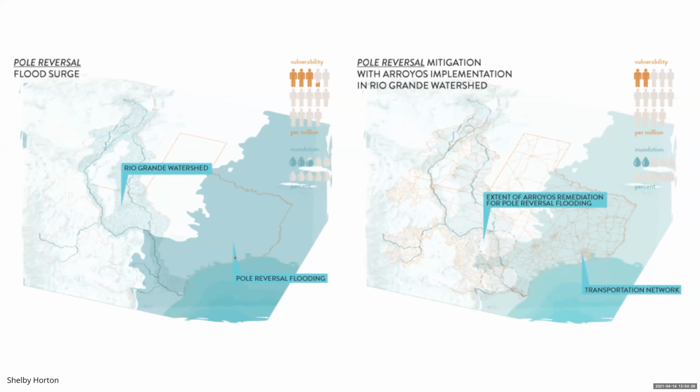And for polar reversal, it's a larger region flooded, but it's of Texas, but it's still only 2 3/4% of the Rio Grande region. And that would be about 3.25 million people in this region. And so by implementing our arroyos, we'd be able to get that down to 2% inundated still and 2 million people affected.